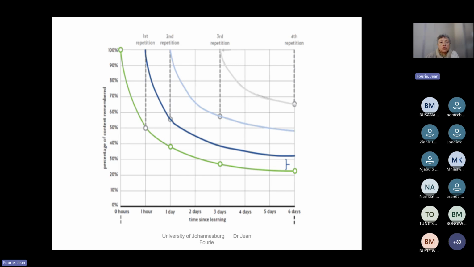So if you're going to be setting up a study timetable before some test or an exam, you need to think about where the times are that I'm going to be repeating all of this, so that I have 4 repetitions of the content before I need to recall it for an exam.